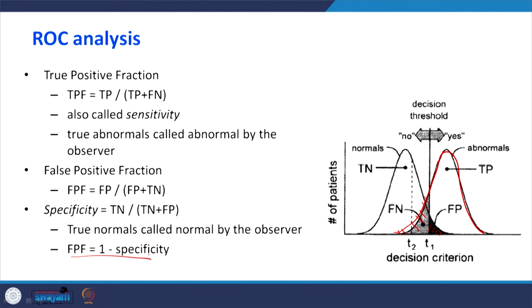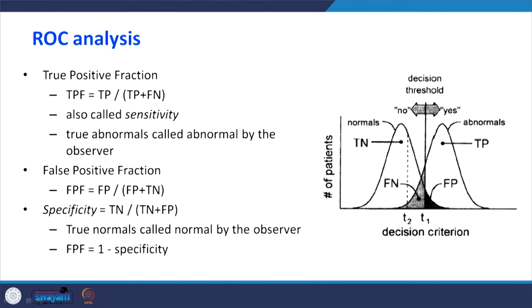If you write 1 minus specificity, you end up with false positive divided by true negative plus false positive. The next one is the true positive fraction, TPF, equal to true positive divided by true positive plus false negative.